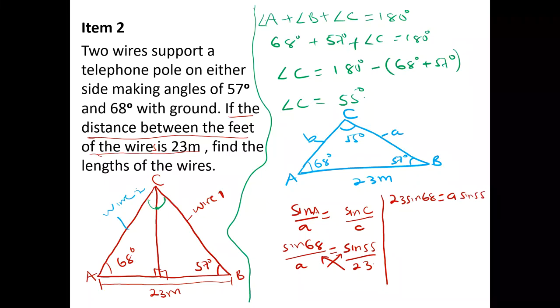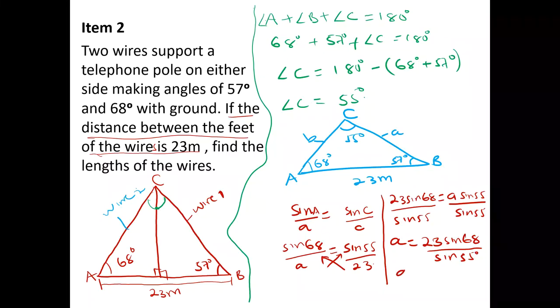Now to make a the subject, I'll divide by sine 55, and even this side, divide by sine 55. So we get our a is equal to 23 sine 68 divided by sine 55.